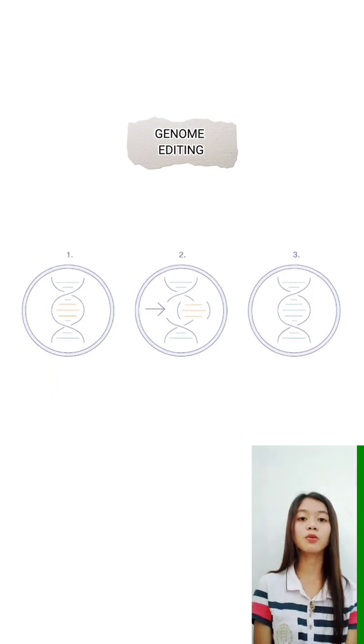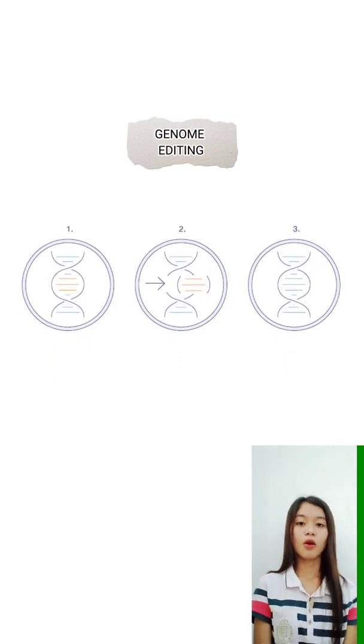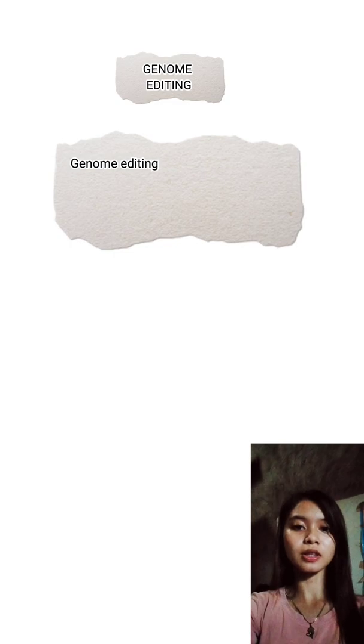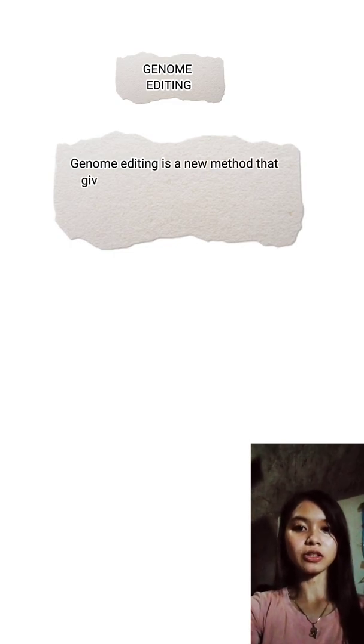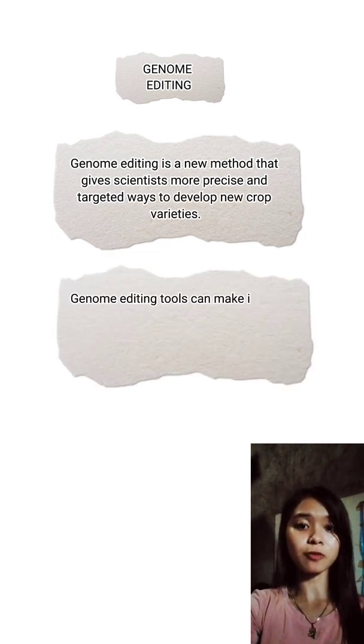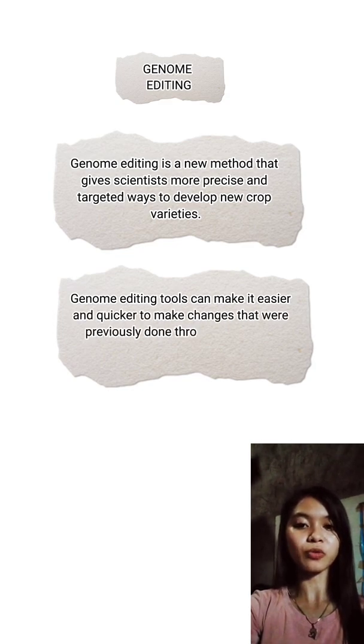Third, genome editing. One example of genome editing is removing an unwanted gene. Genome editing is a new method that gives scientists more precise and targeted ways to develop new crop varieties. Genome editing tools can make it easier and quicker to make changes that were previously done through traditional breeding.